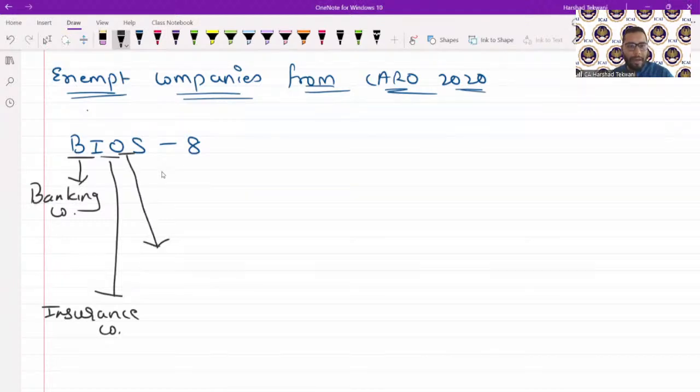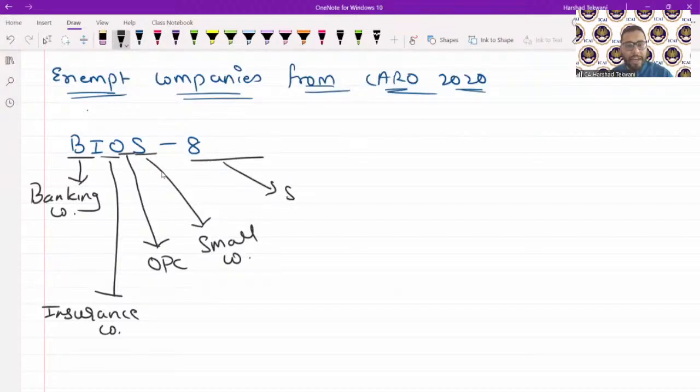O stands for OPC. S stands for small company. 8 stands for Section 8 company. So banking, insurance, OPC, small, Section 8: CARO 2020 is not applicable.